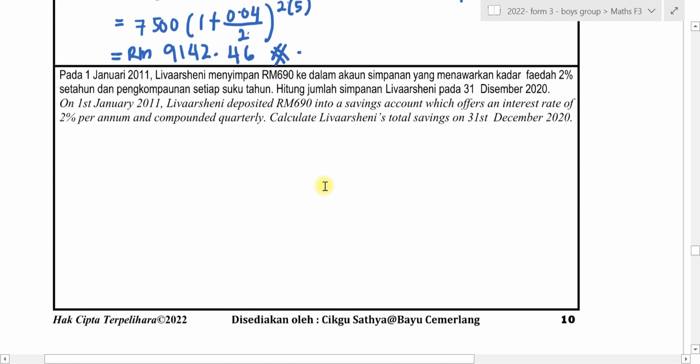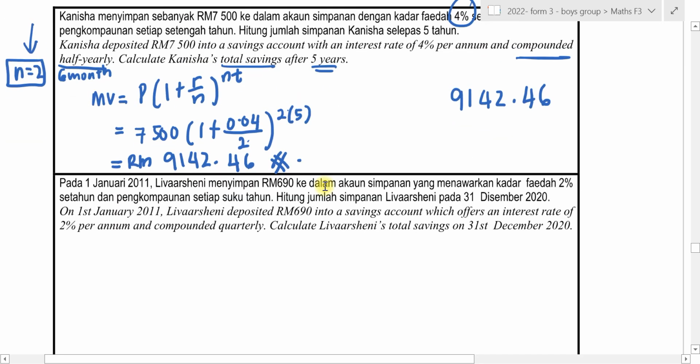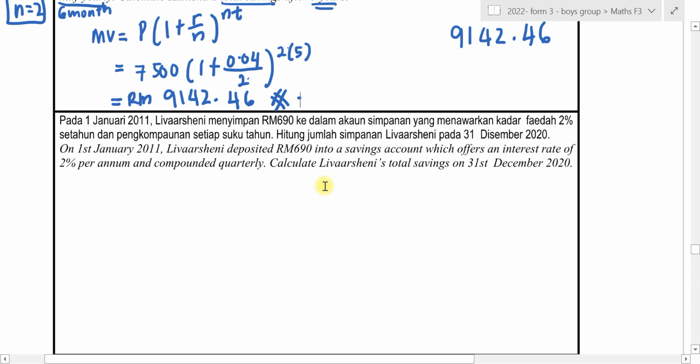Okay, next one. On 1st January 2011, this one has dates as well. Livashini deposits 690 into a savings account which offers an interest rate of 2% per annum and compounded quarterly.